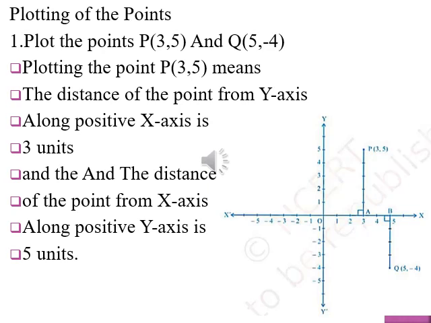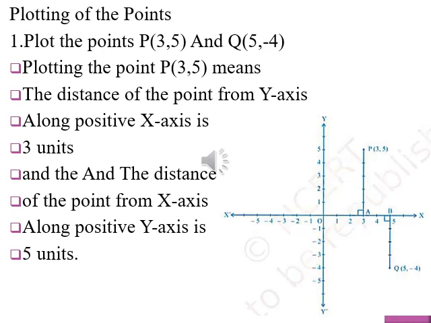Plotting the point P(3, 5) means the distance of the point from the y-axis along the positive direction of the x-axis is 3 units, and the distance of the point from the x-axis along the positive y-axis is 5 units. So, before plotting these points, draw the two axes, one horizontal, one vertical.